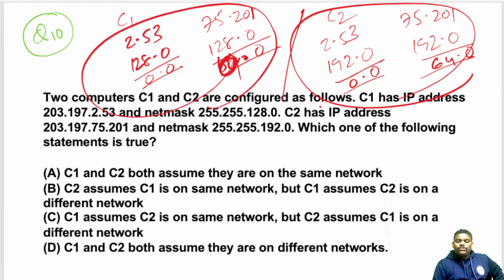C1 and C2 both assume they are on the same network. C2 assumes C1 is on the same network, but C1 assumes C2 is on a different network. C1 assumes C2 is on the same network, but C2 assumes C1 is on a different one.